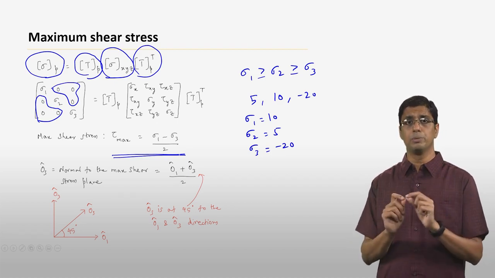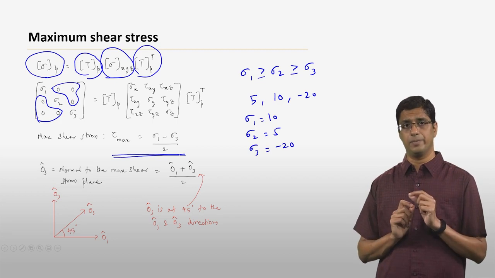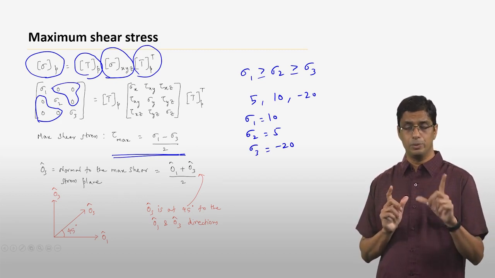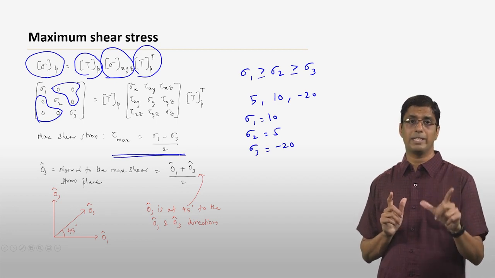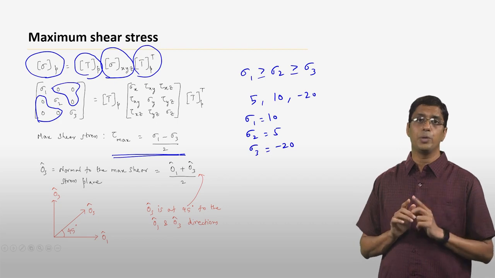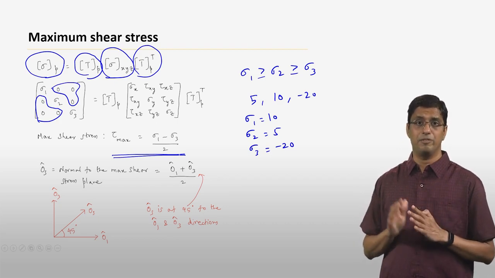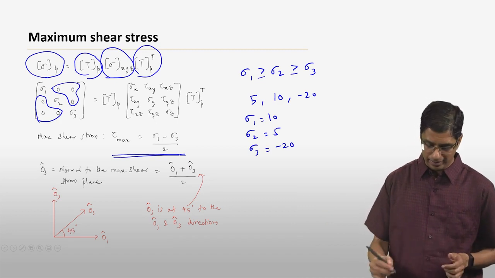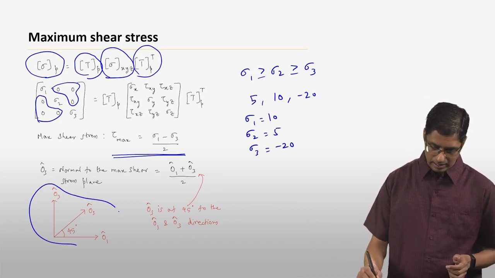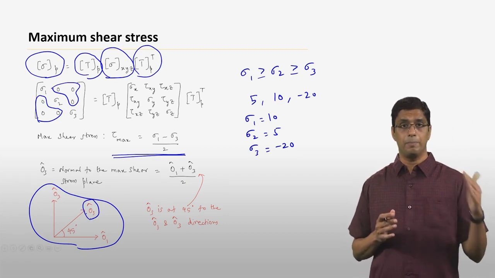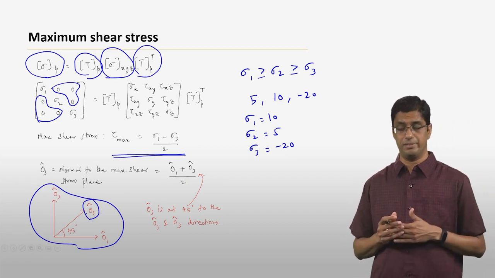These two directions are orthogonal to each other. Now you can define a plane in which the two orthogonal vectors are O1 cap and O3 cap. If you consider that plane and you draw a line that is at 45 degrees to both O1 cap and O3 cap, like the way I have drawn here, that is OS cap, which is the normal to the plane on which the maximum shear stress occurs.